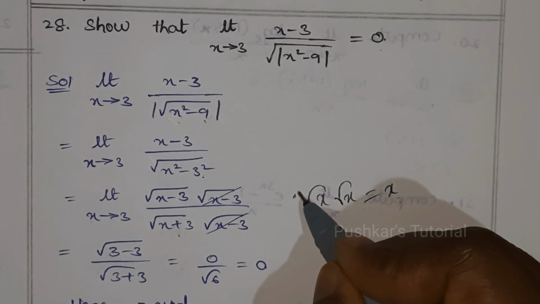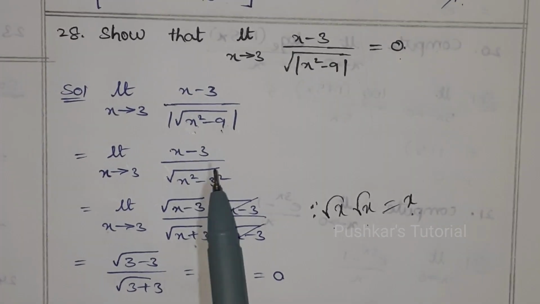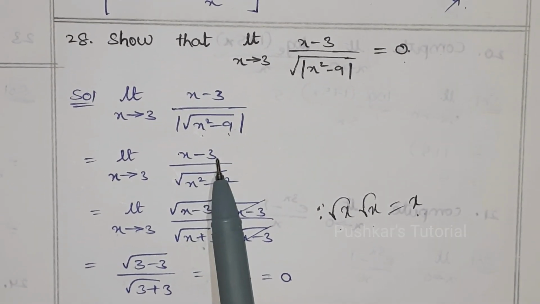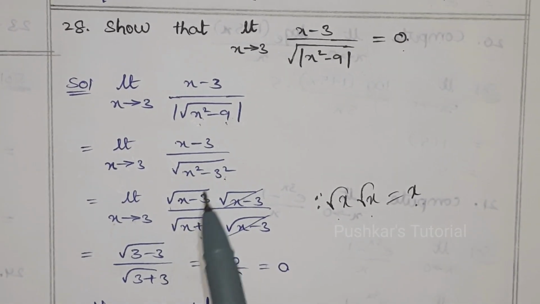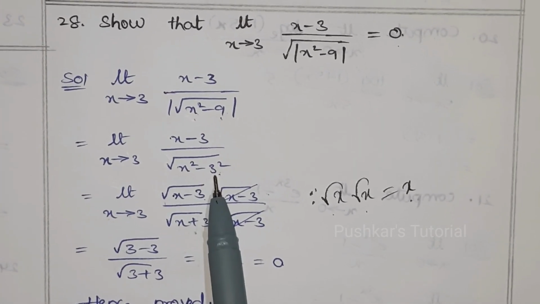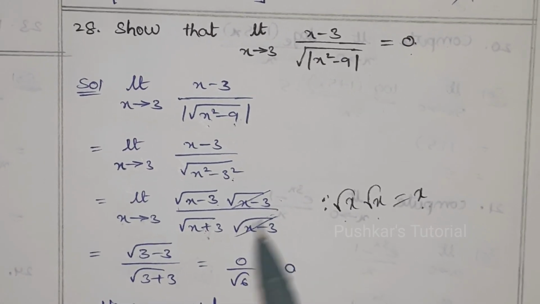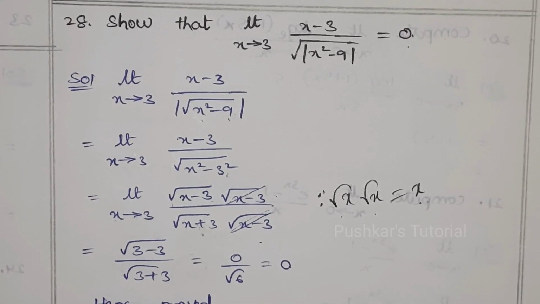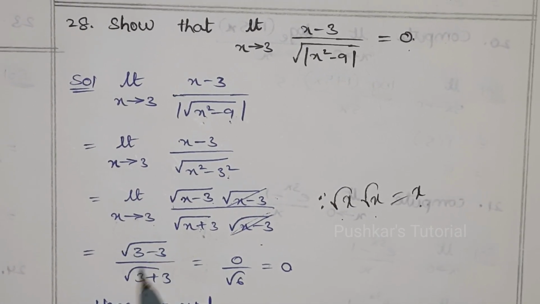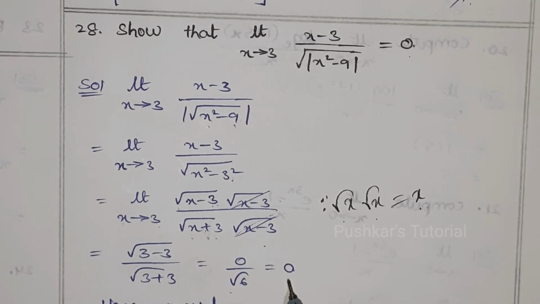So wherever x is there, you can write root x into root x. So x minus 3 I can write as root of x minus 3, root of x minus 3. Denominator, a square minus b square formula, a plus b into a minus b, with root. The square root gets cancelled. So wherever x is there you have to put 3. So 3 minus 3 by 3 plus 3. 0 by anything is 0.